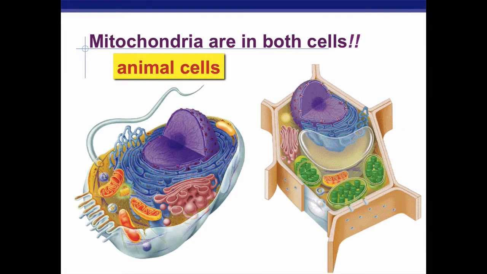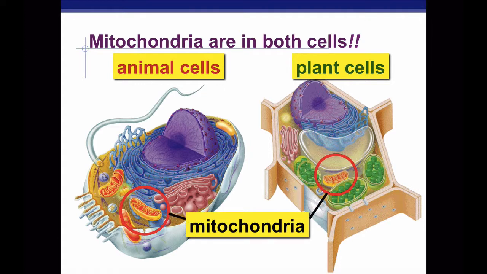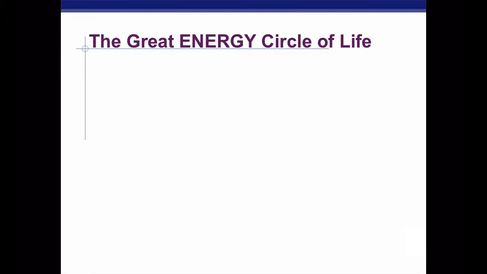So again, mitochondria are both in animal and plant cells, but remember, mitochondria is also in protista and fungus as well. So, the great energy circle of life.